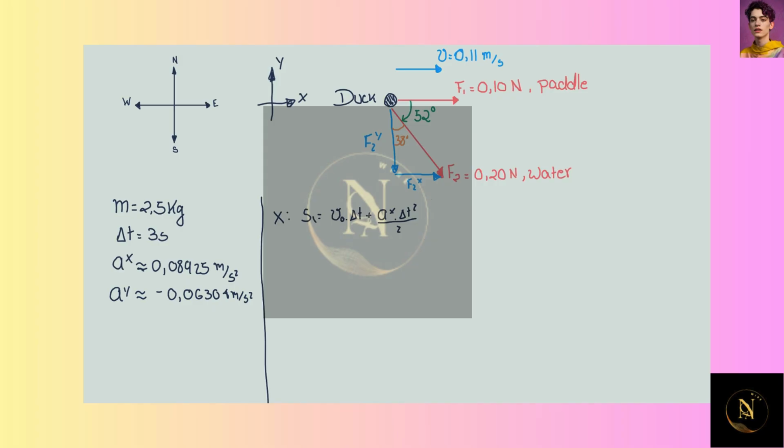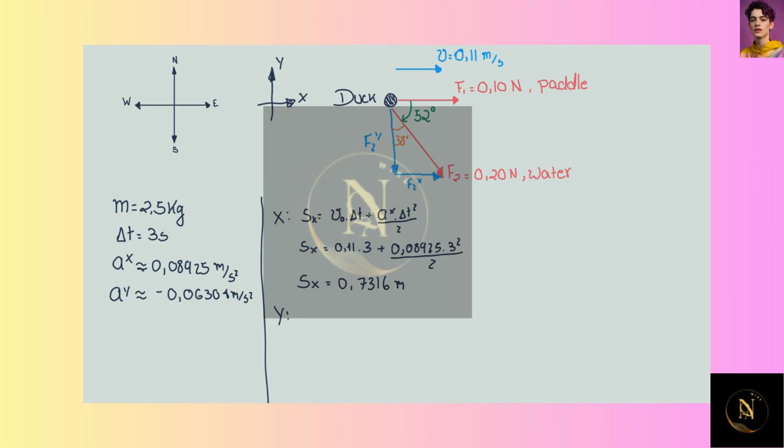Then its x displacement is given by 0.11, because the velocity points to the x direction, times 3 seconds plus 0.08925 times 3 squared divided by 2. This results in a displacement equal to 0.7316 meters in the x direction.